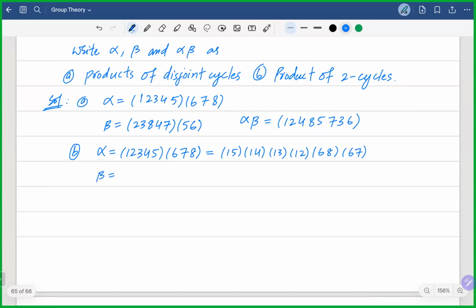Now beta is the permutation 2, 3, 8, 4, 7, and 5, 6. We just need to write (2 7)(2 4)(2 8)(2 3) and (5 6). That is our beta in two-cycle notation.